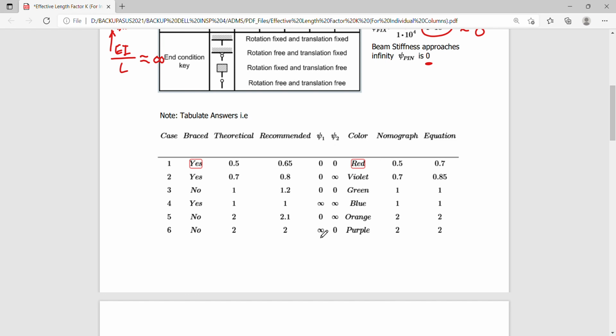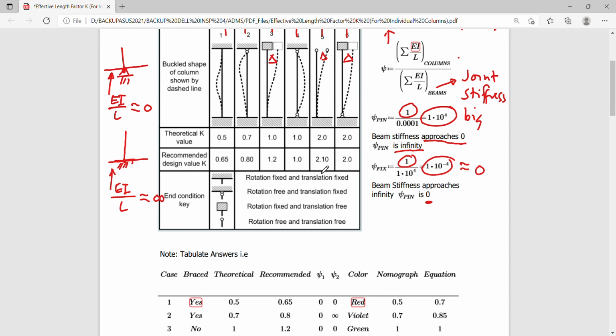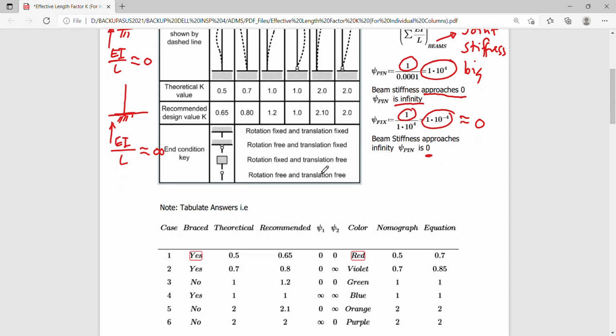For case 1, this is a fixed-fixed case. So we have 0, 0, as psi 1 and psi 2. For case 2, we have a fixed pin. So this is a 0, infinity value. So we can see here 0, big or 0, infinity.